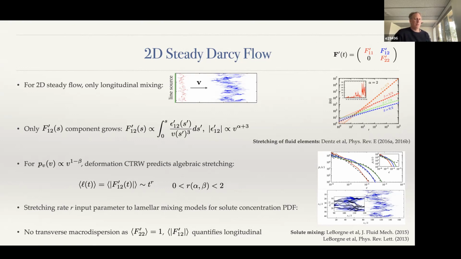So now for these relatively simple, but still highly heterogeneous steady 2D flows, we can make complete predictions of the evolution of solute mixing and dispersion from first principles, and these match very, very well with fully resolved computational studies.